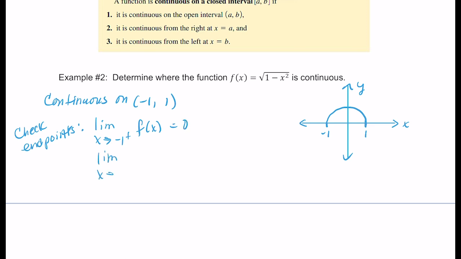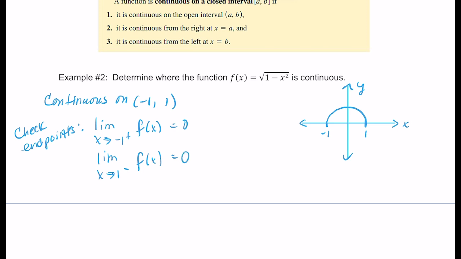And then I also want to check as x approaches positive 1 from the left. As I approach positive 1 from the left, I can also see that it's equal to 0.